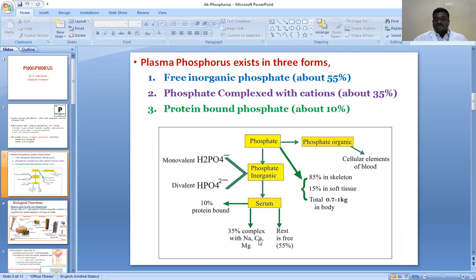What are those? Sodium, calcium, magnesium. These are all cations. The remaining 10% is protein bound phosphate in the blood. So these are the different forms of phosphate in the blood.